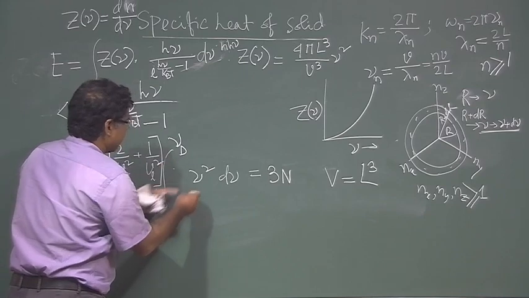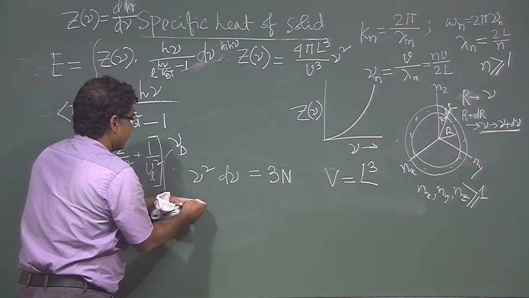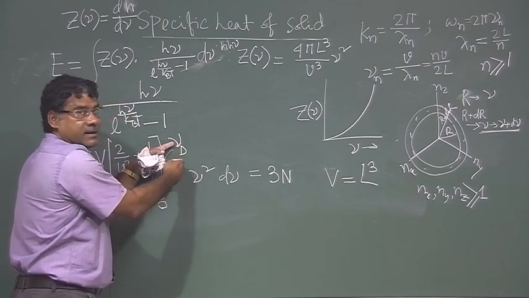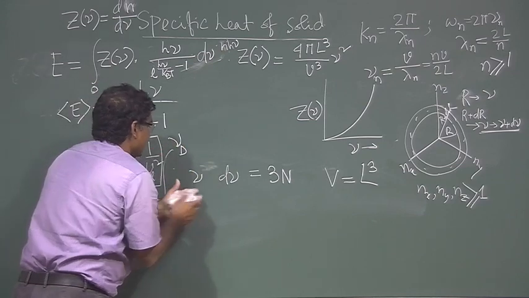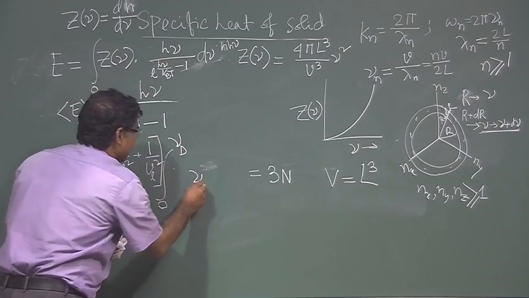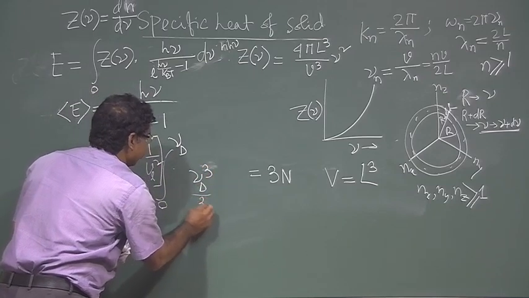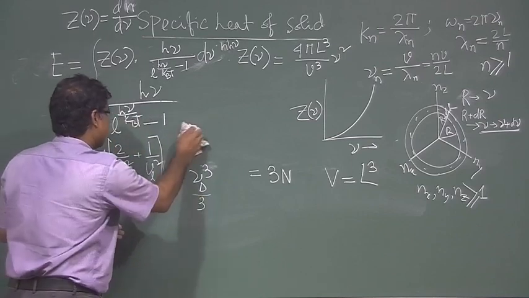You will get basically nu cube by 3, nu cube by 3 and nu d. So, if you integrate it, you will get nu d cube by 3 by 3. Okay. So, integration done.